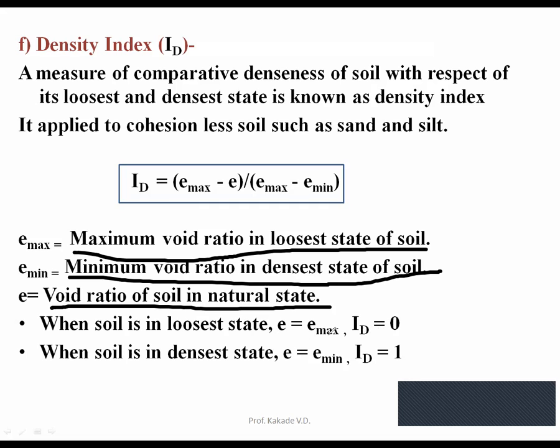When E equals Emax, that is, when the actual state of the soil is the loosest state, ID becomes 0, ID being the density index. When the soil is in the densest state, E equals Emin and ID becomes 1.